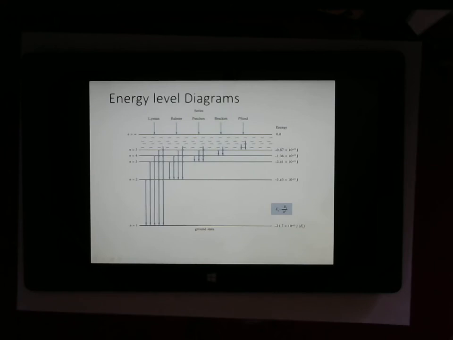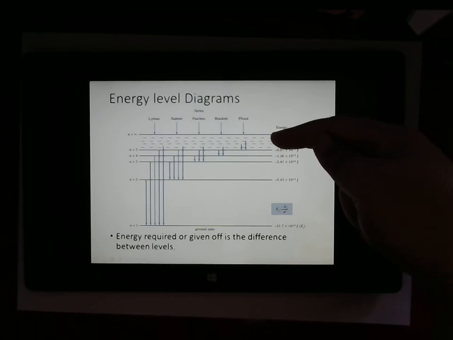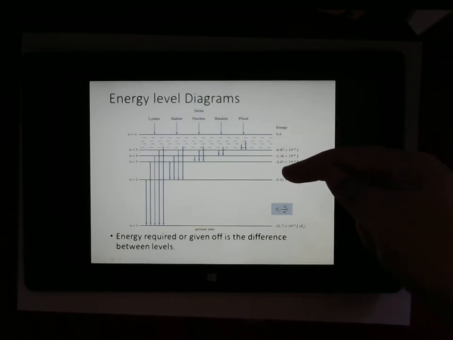So, if I want to go from infinity, that is not part of the atom, down to n equals 1, I will give off 21.7 times 10 to the negative 19 joules. If I only fall down to energy level 5, I would give off 0.87 times 10 to the negative 19 joules. If I was at level 3 and fell down to 1, I would take the difference first.